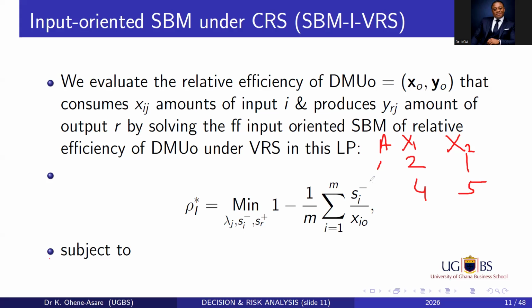So, there are 2 inputs here. What is going to be the input-oriented efficiency score for DMU A? All of you should calculate for me and let me see.